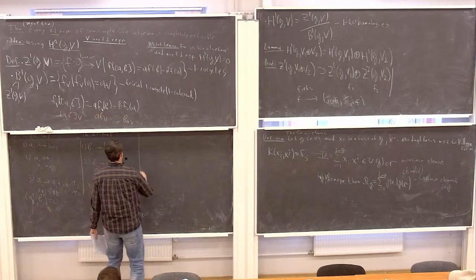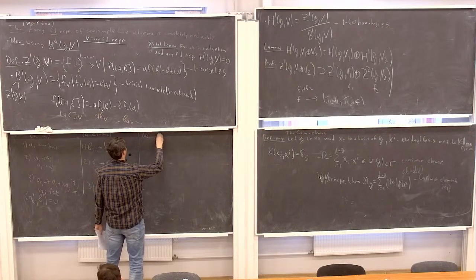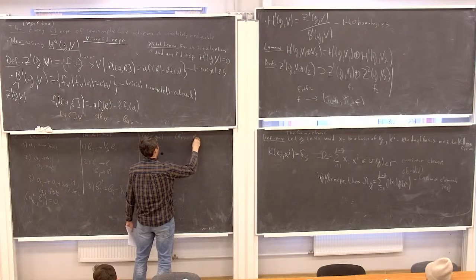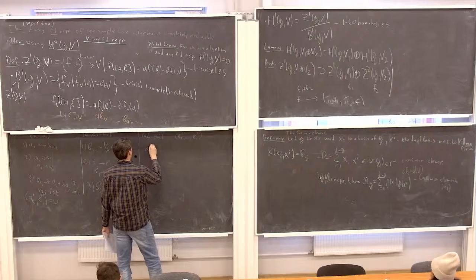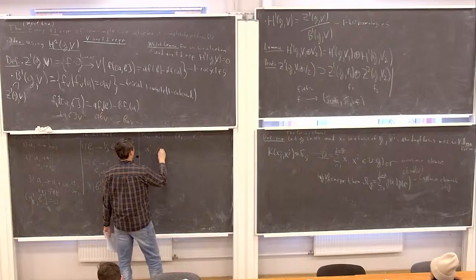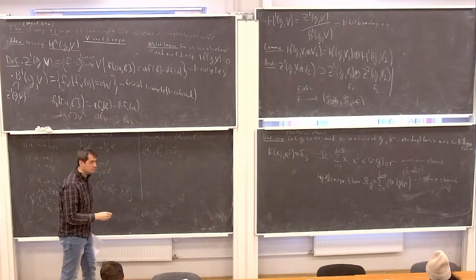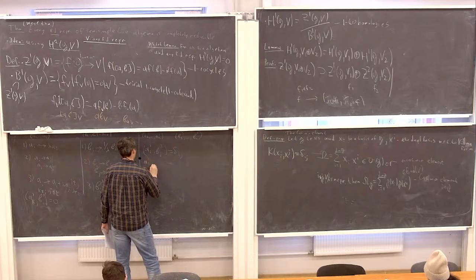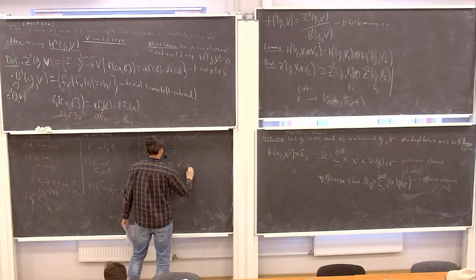Okay, we have a_1 prime, ..., a_n prime, and b_1 prime, ..., b_n prime. So now I have to check that a_i prime b_j prime is delta_ij, right? So I have to check that a_i prime b_j prime is equal to 0 for any i not equal to j.